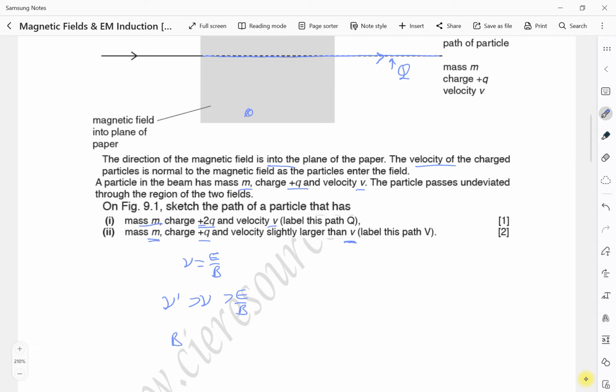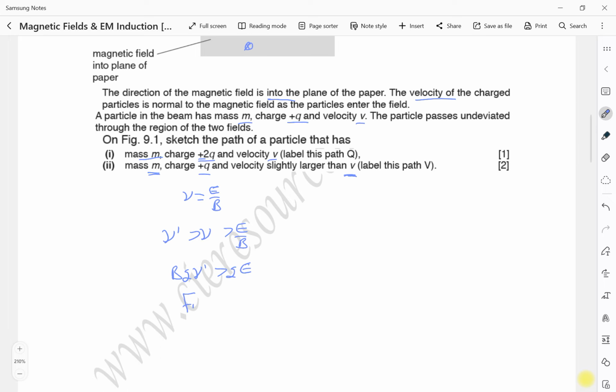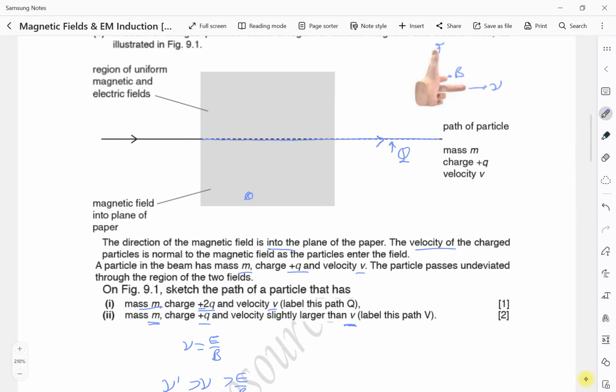It means that Bqv prime, that is the magnetic force, is greater than qE. So this means the magnetic force is greater than the electric force. So the resultant is going to be vertically upwards.